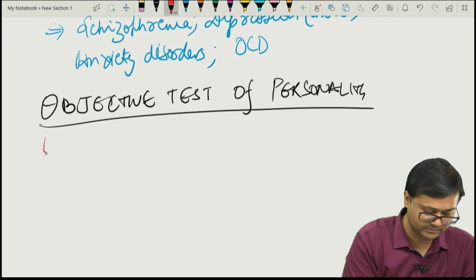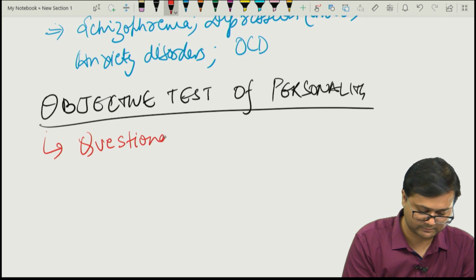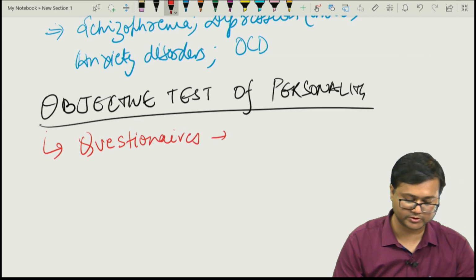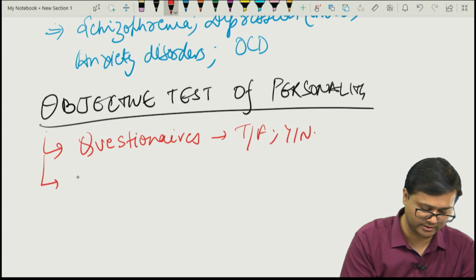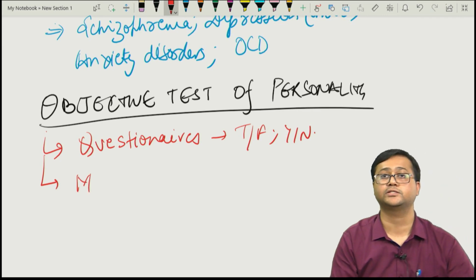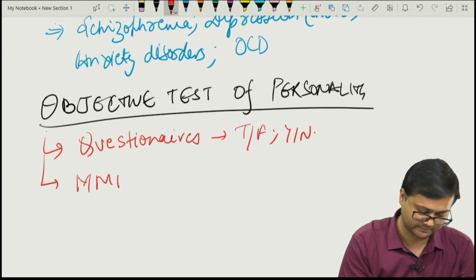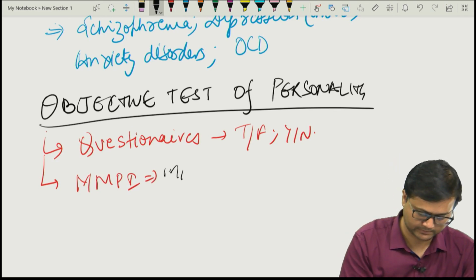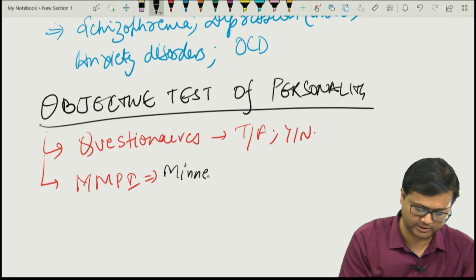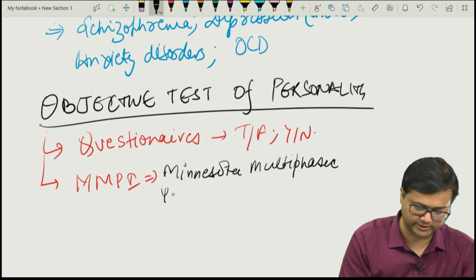These may include questionnaires in which the person may have to give his answer either as true or false, or yes or no. Another important objective personality test is the MMPI, or the Minnesota Multiphasic Personality Inventory.